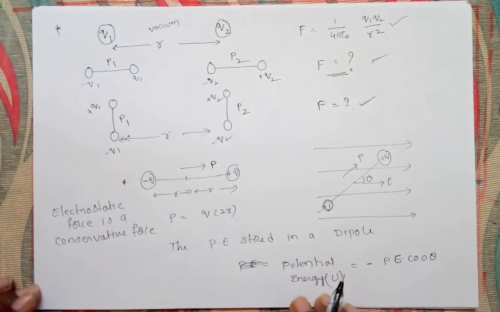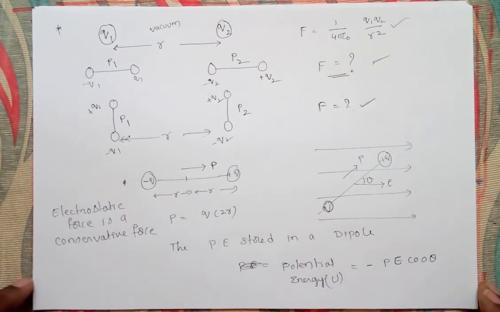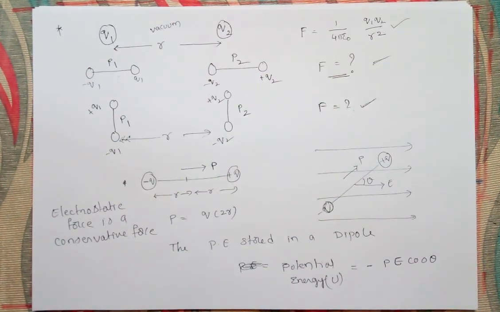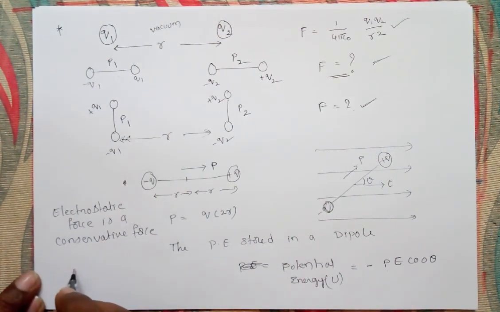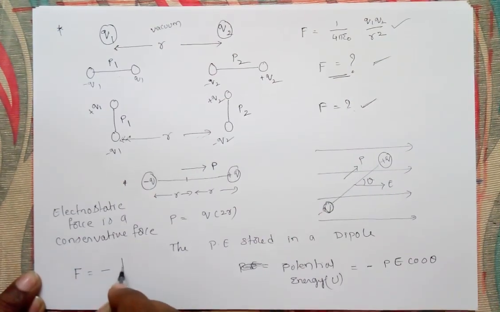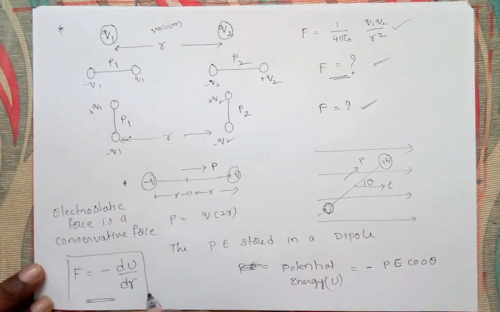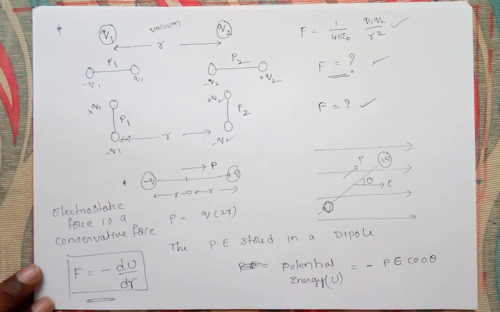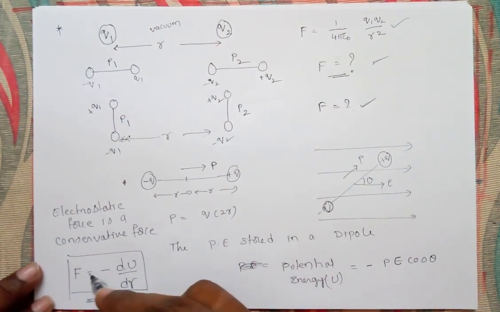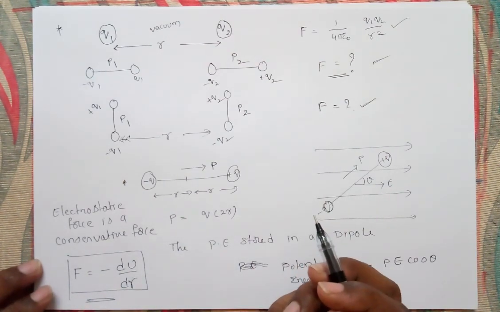It is a force for which the work done can be totally recovered, and the work done does not depend on the path followed. You studied that in first year. A conservative force is the negative gradient of potential energy. So to find the force, we use this formula: force is the negative gradient of potential energy.